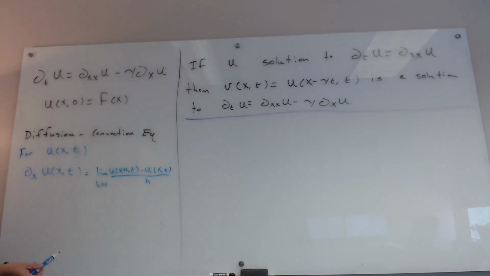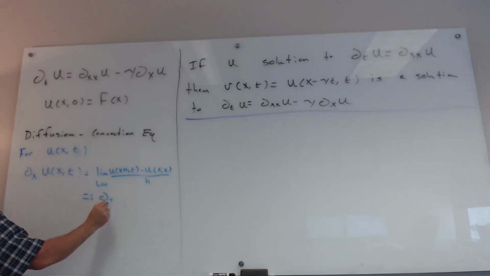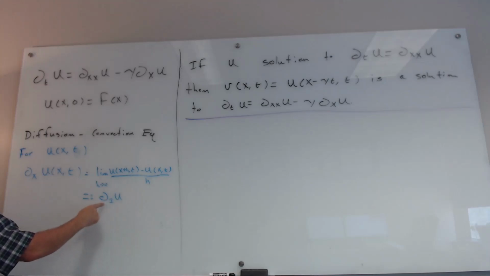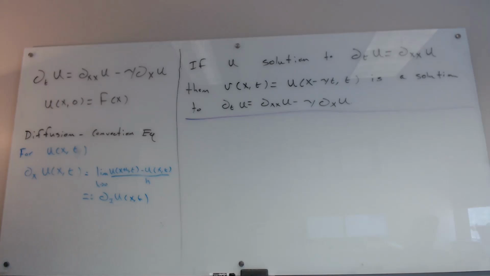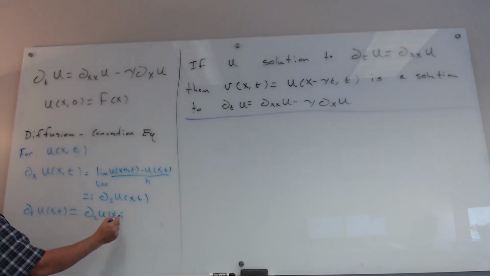Another notation that's sometimes helpful is the partial sub 1 of x, t. It means we're going to take the derivative in the first variable. Similarly, the t derivative of U of x, t means to take the derivative in the second variable, so I'm going to call this partial sub 2 of x, t.